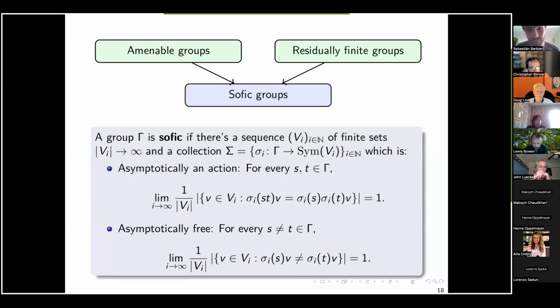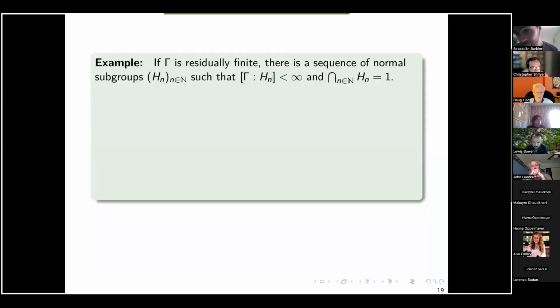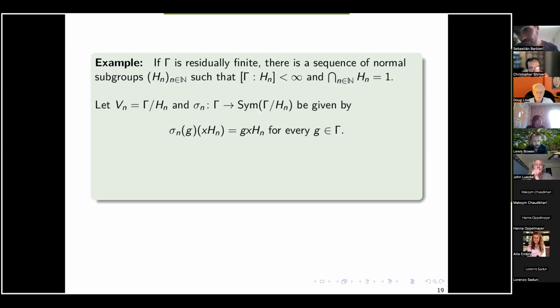Okay, so just a few examples to see how these generalize residually finite groups and amenable groups. If I have a residually finite group, by definition, there is a sequence of normal subgroups H_n with finite index and whose intersection is trivial. That's one of the many equivalent characterizations of being a residually finite group. Well, I could take B_n as just the quotient of Gamma over H_n, as H_n has finite index. This is a finite group.